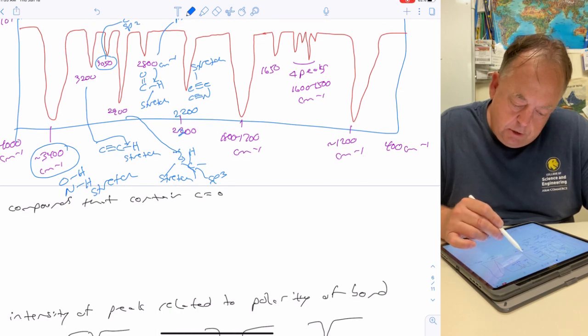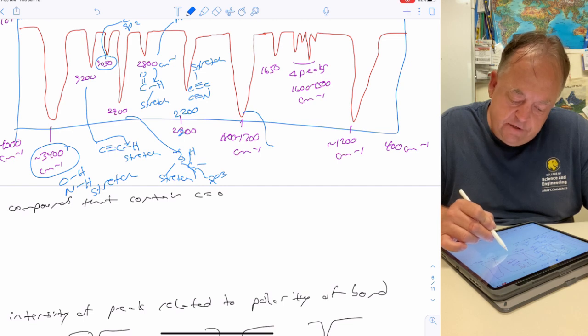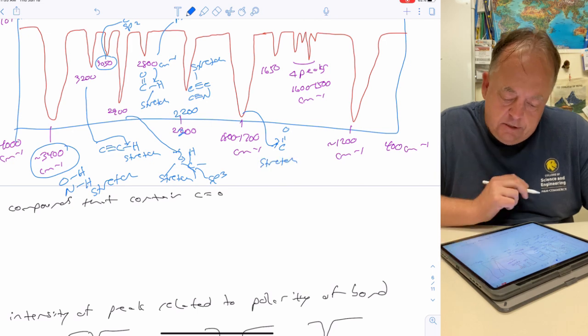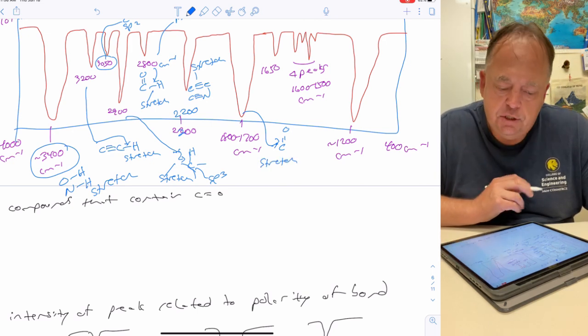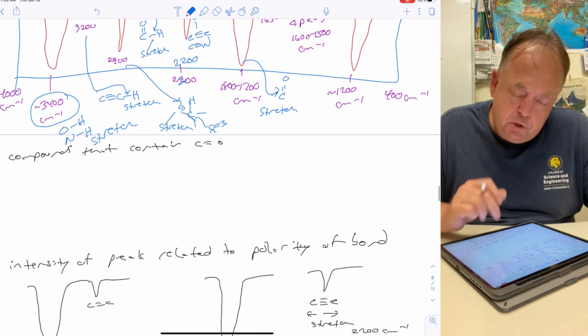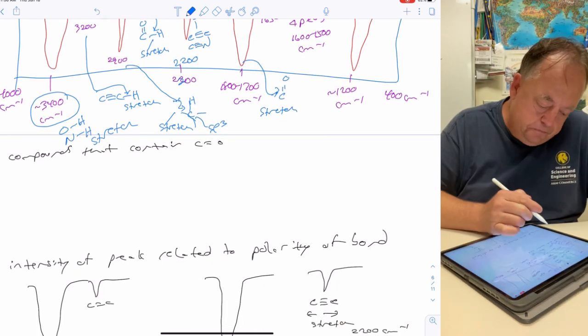So a signal around 1700 to 1800 is the energy required to stretch a carbon-oxygen double bond. So what kind of functional groups have carbon-oxygen bonds in them?